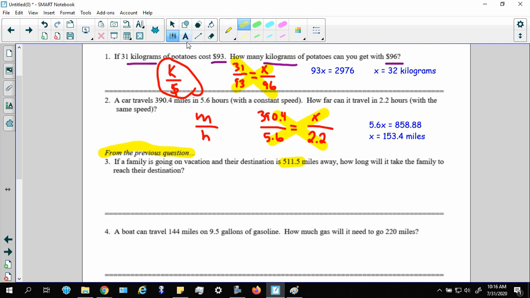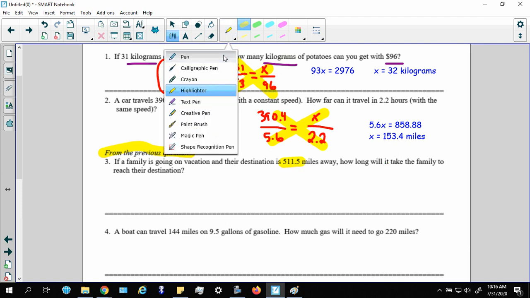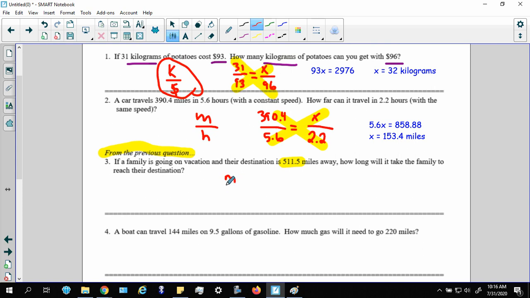All right, so again, doing the whole concept of miles over hours, you're going to do 511.5 over x, miles over hours. How long will it take? We don't know, x. So we're going to have that part of the fraction set up, but then we're supposed to set it equal to something, and this is where students get messed up. So that's why I was trying to highlight this.